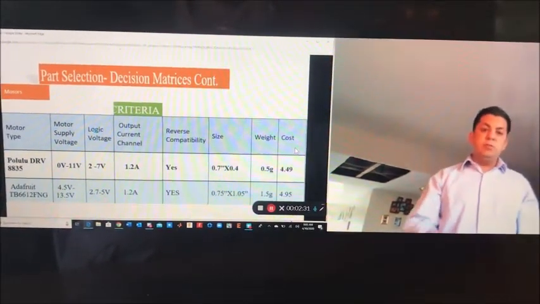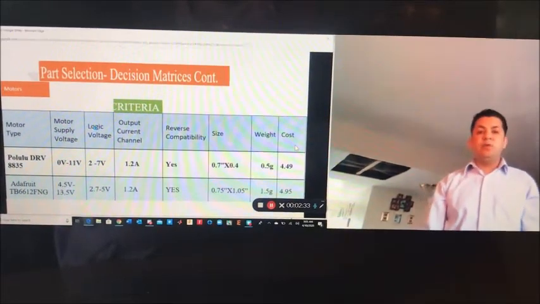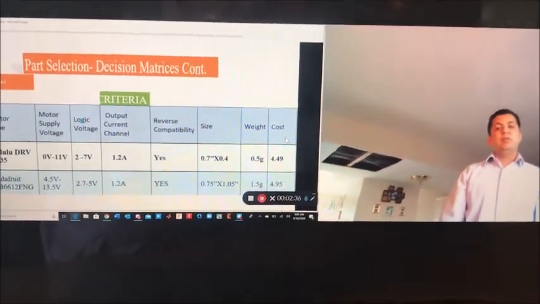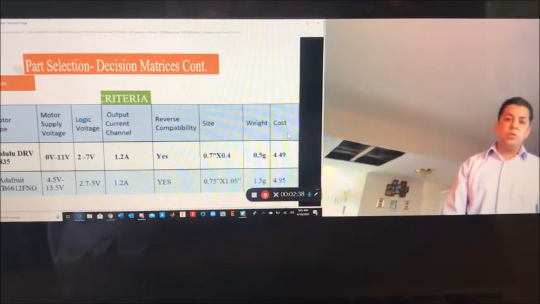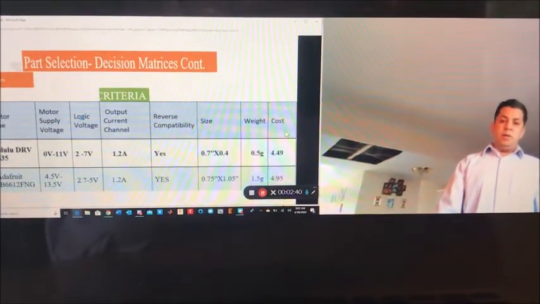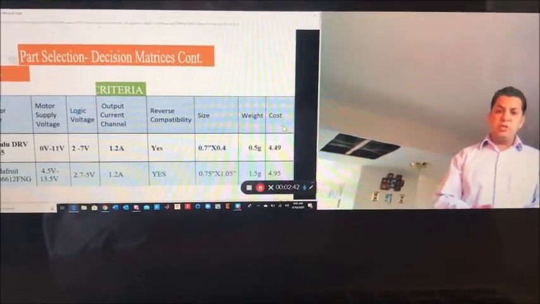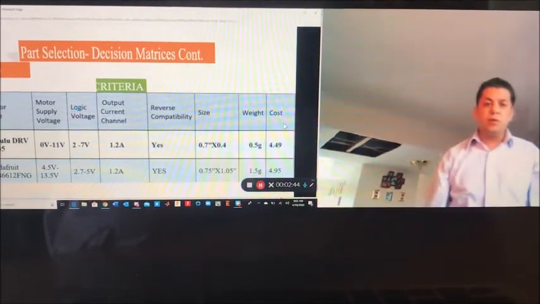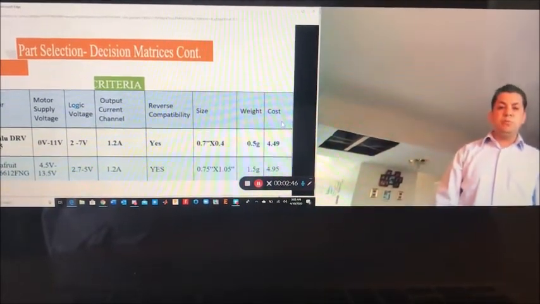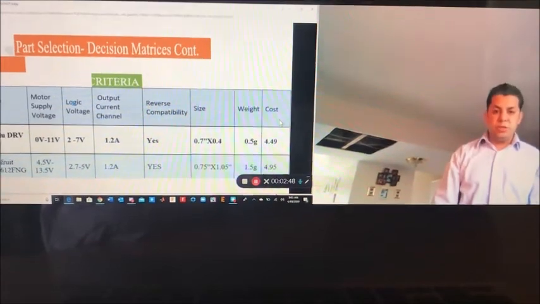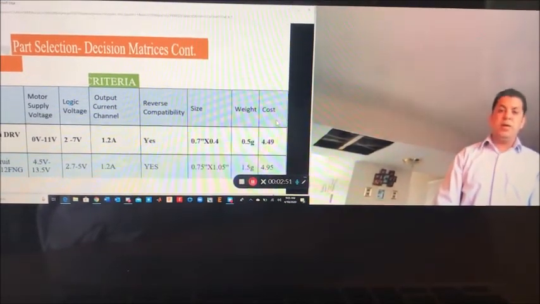And the most important one is the supply voltage. The one we chose operates between 0 and 11 volts supply, while the other one operates from about 4.5 to about 14 volts.